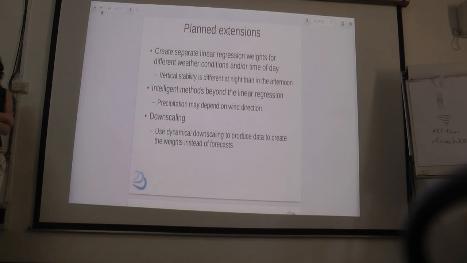Another way is to use dynamical downscaled data to produce our point forecasts and our weights, instead of the forecast data, which always has more error than the actual data at that moment in time.